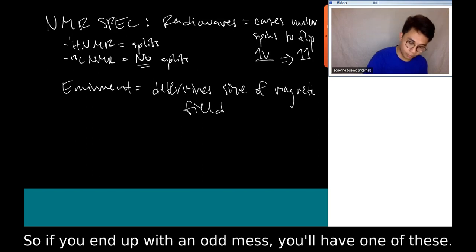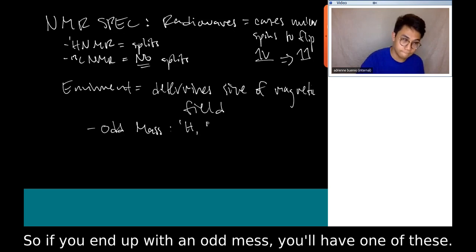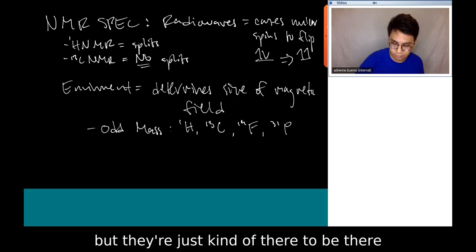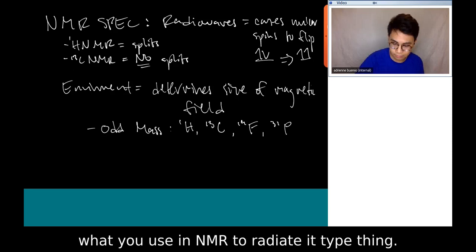So if you end up with an odd mass, you'll have one of these, and you won't see these used in OChem, but they're just there. These are what you use in NMR to radiate it.